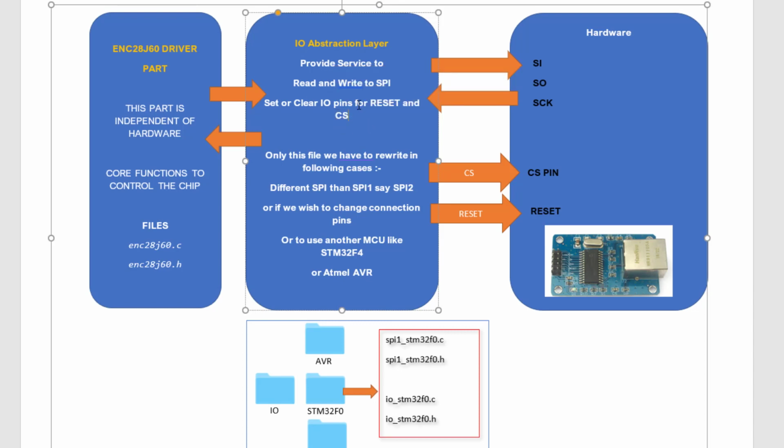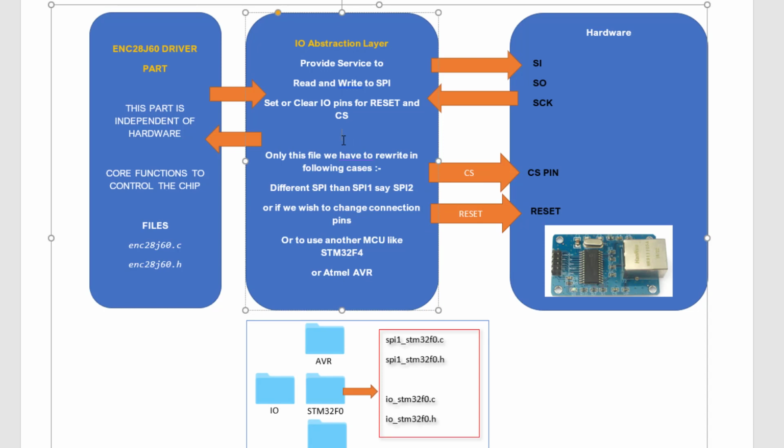Setting means setting the pin to high level, and by clearing, I mean setting it to low level. It will provide these functions to control the IO pins, CS and reset.